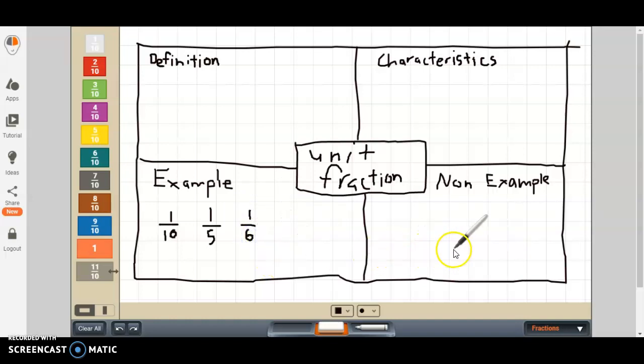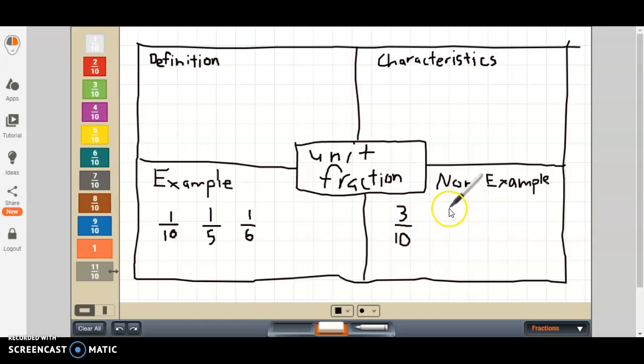So what would be something that's not a unit fraction? Well, we have a lot of examples over here, right? So 3/10 would be not a unit fraction. These are all the pieces. These are 3 unit fractions put together.